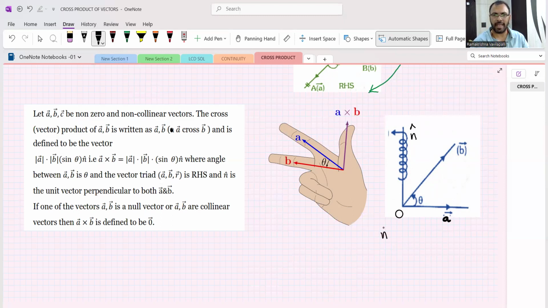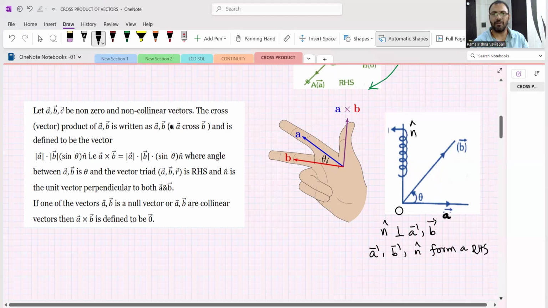So here n cap is perpendicular to A bar and B bar, and this is a unit vector. Also A bar, B bar, and n cap form a right-handed system of vectors.